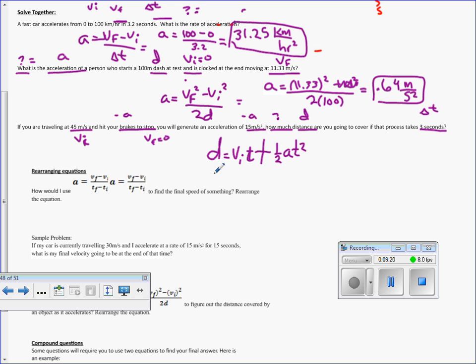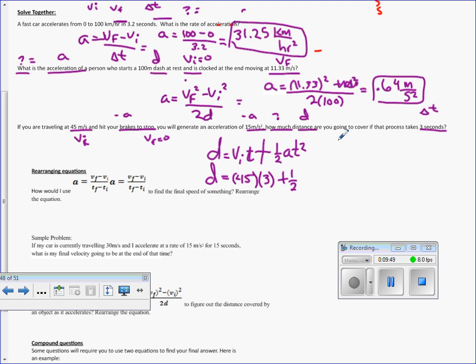Okay. All right. See, I don't have to move anything around because this is asking for how much distance. So the distance is already isolated. So let's go ahead and rewrite this here. Try plugging it in. If you didn't get this right, write this down and try plugging in the numbers. Pause it and try. You're not going to learn if you just copy what I copied. Okay, 45 goes here. My time interval is 3. Now I got a plus 1/2.